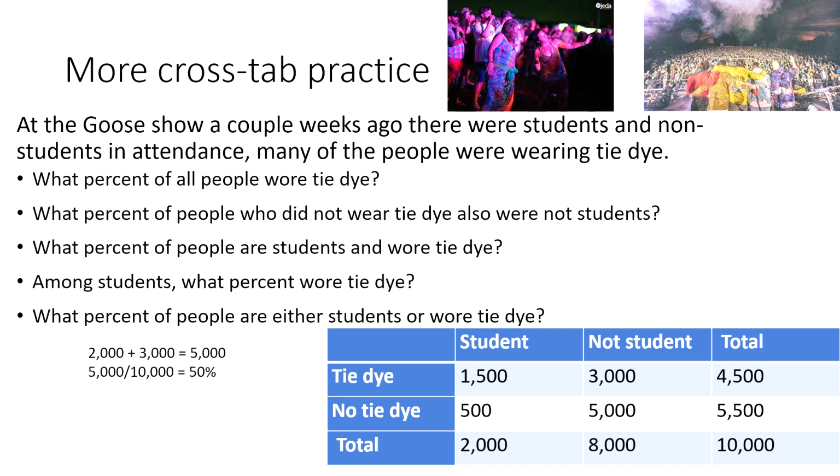Be careful not to look at the column of total tie-dye wearers because that is, again, double counting those students. Okay, and then you'll get your numerator. You divide that by your denominator, which we said was 10,000, and there is your answer. Please let the TAs know if you have any questions on logical operators.